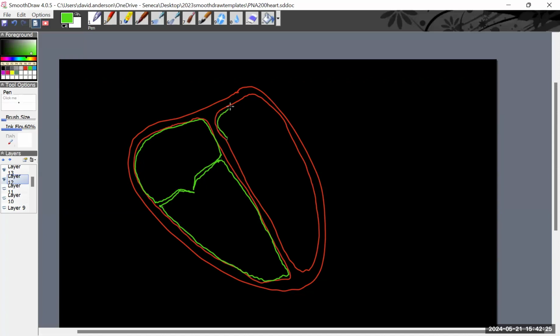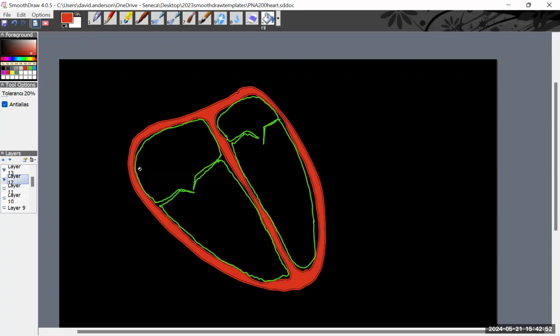Okay, so same thing, a little tedious, I know. So the green lines represent our endocardium. The myocardium is represented by the red lines. And we'll fill that in. There's our myocardium.